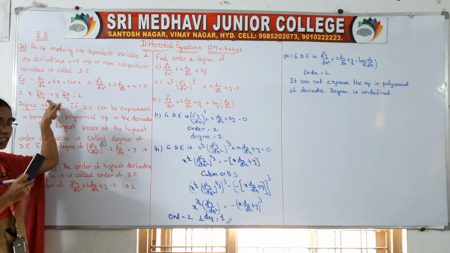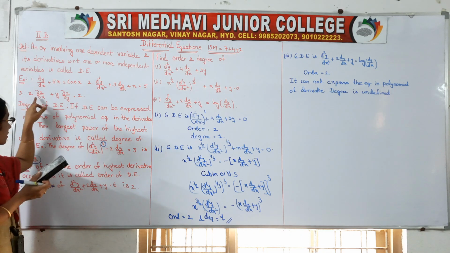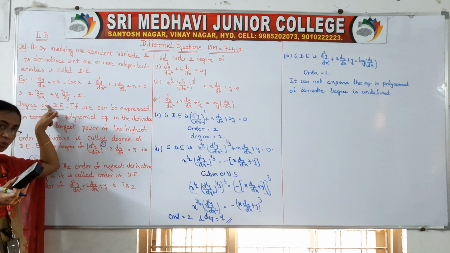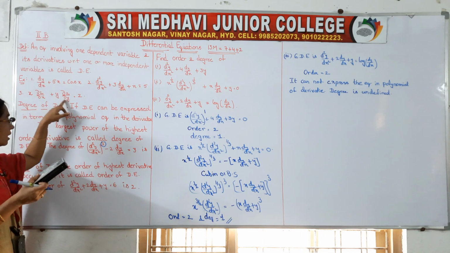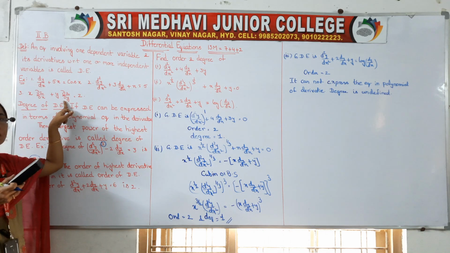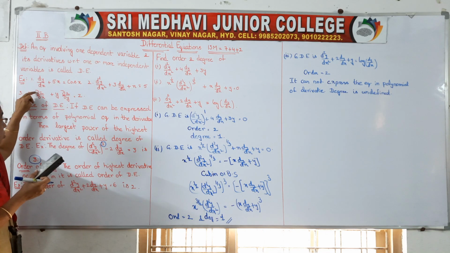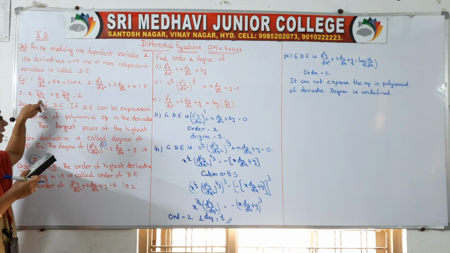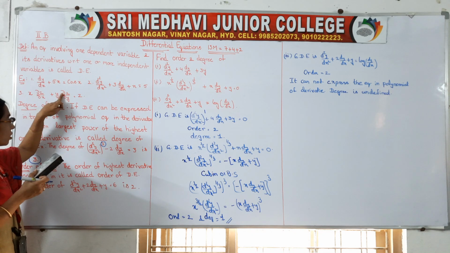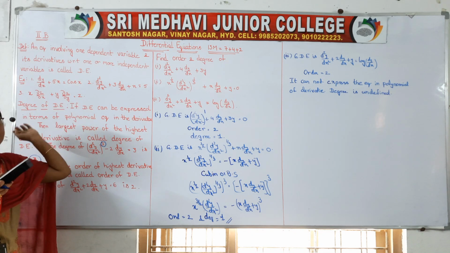Suppose the equation contains more than one independent variable, that means derivatives with respect to more than one independent variable, then it is called a partial differential equation. It is read as del z by del x plus y into del z by del y is equal to z.